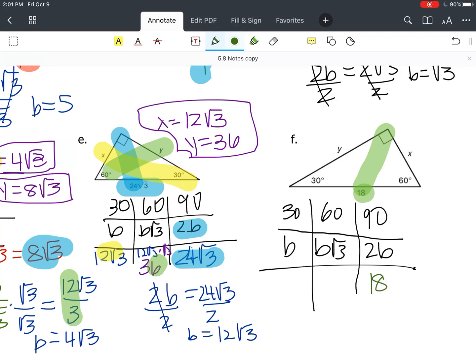I see 18, which is opposite 90, so I'm going to substitute 18 here where 2b is. This means 2b equals 18. Dividing both sides by 2, b is going to equal 9, so I can substitute that in there for 9. So b root 3 would be 9 root 3.